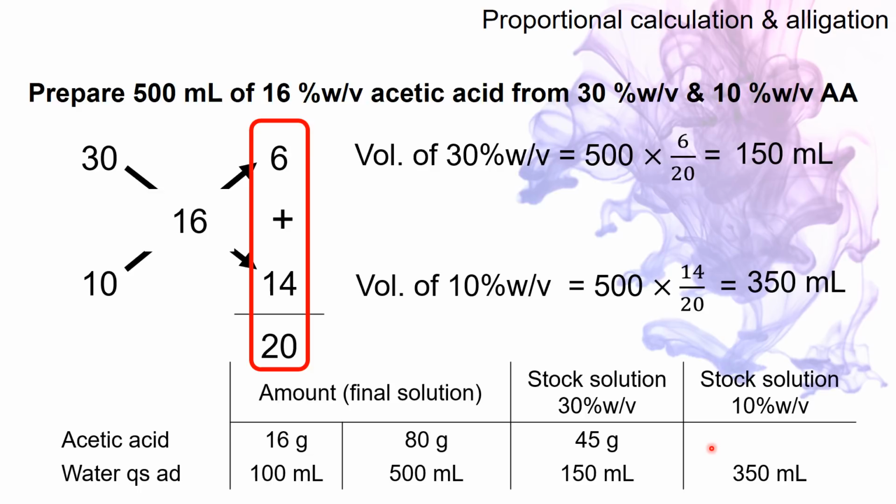And for 10%, we will need 350 ml, and it contains 35 grams. Totaling these two amounts gives you 80 grams, which matches the amount we are preparing, which is 80 grams in 500 ml.